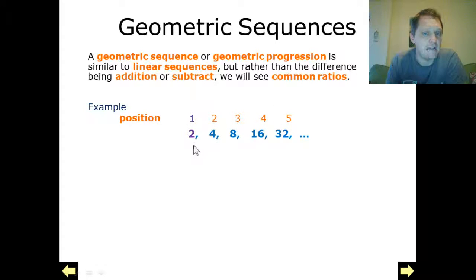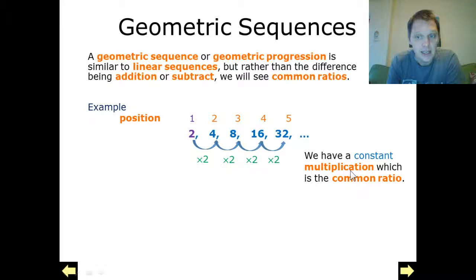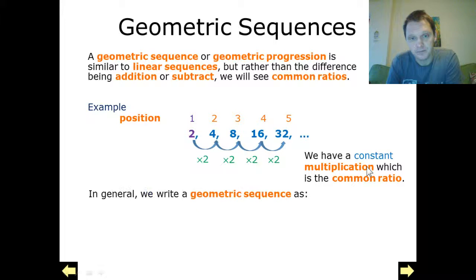I've done number 2, the first term, in a slightly different colour, which will become more apparent in just one moment. But as you can see, to get from one number to the next, some of you may have already spotted it, each of the numbers are doubling each time to give us the next number in the sequence. So it's multiplying by 2. This is a constant multiplication, but this is also a common ratio.